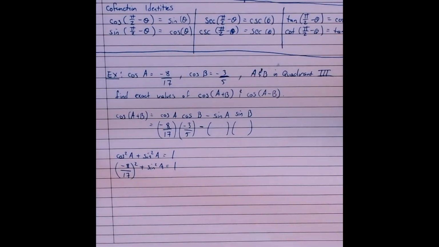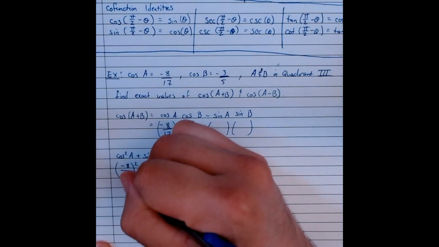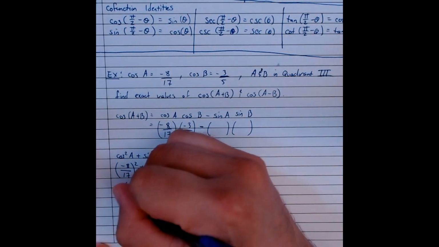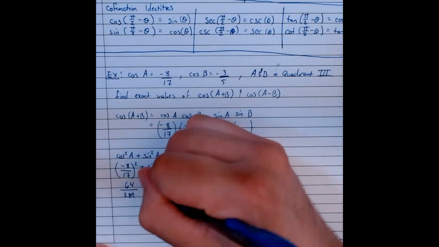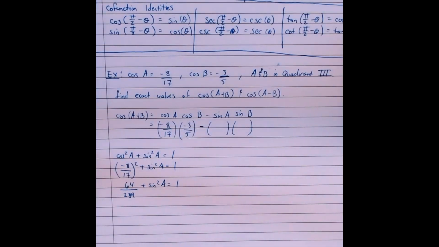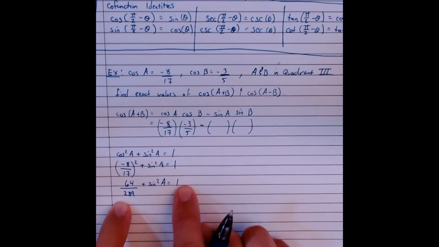When I square a fraction, that's the same as just squaring the top separately from squaring the bottom. If I square a negative 8, that's going to be positive 64. If I square a 17, that's going to be 289. Plus sine squared of A is equal to 1. Just like that. And now I can go ahead and subtract this from both sides.